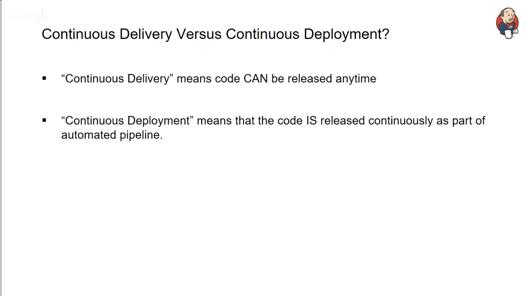It's like, okay, I can release it anytime, but I'm not confident about it. Continuous deployment means it is actually released as part of automated deployment, whether you're deploying to your WebLogic server or your Docker image. That's the whole power of continuous deployment.